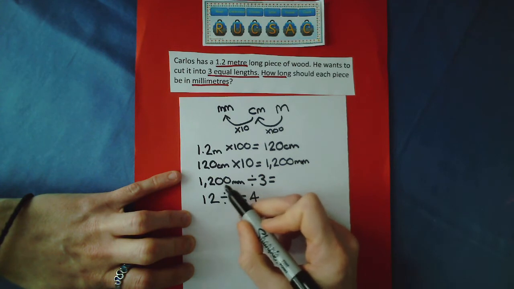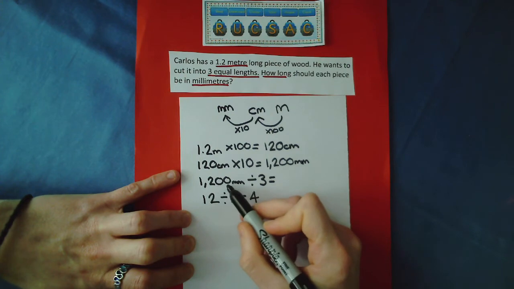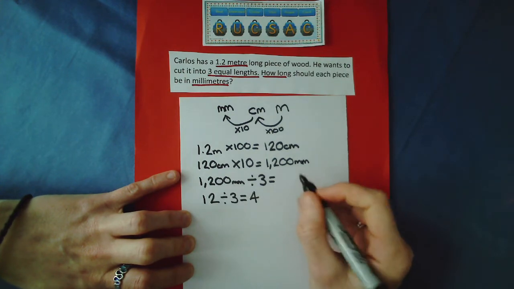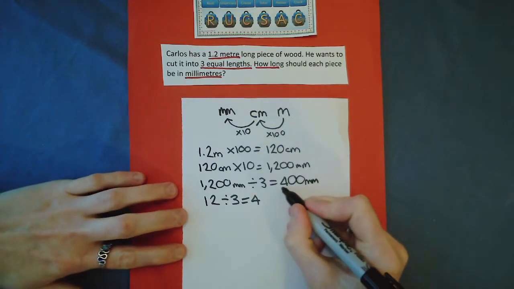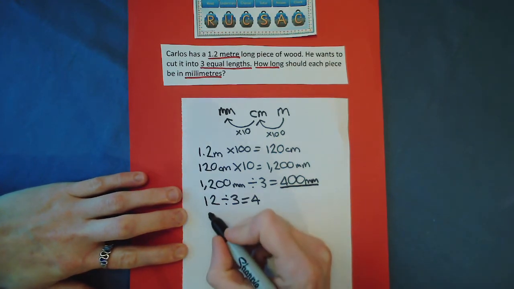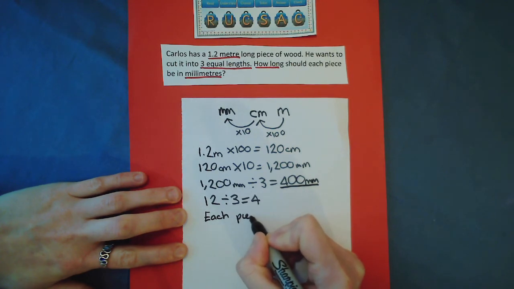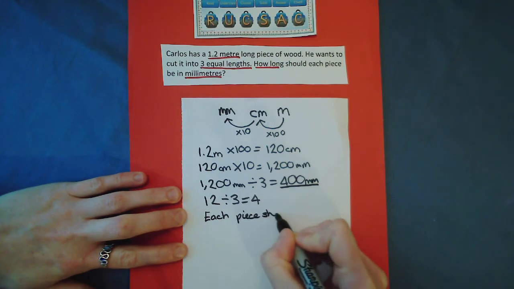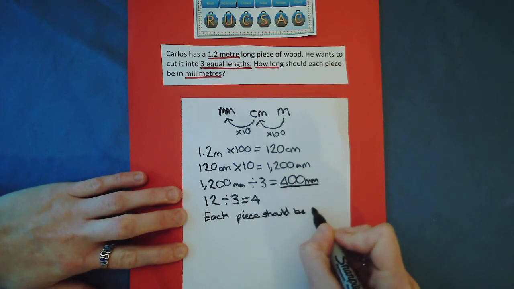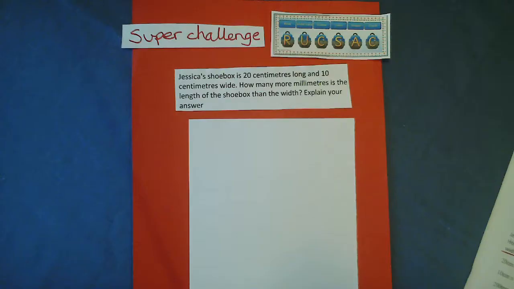So if we scale up, what will our answer to 1,200 millimetres divided by 3 be? That's right, 400 millimetres. So our answer is each piece should be 400 millimetres long.